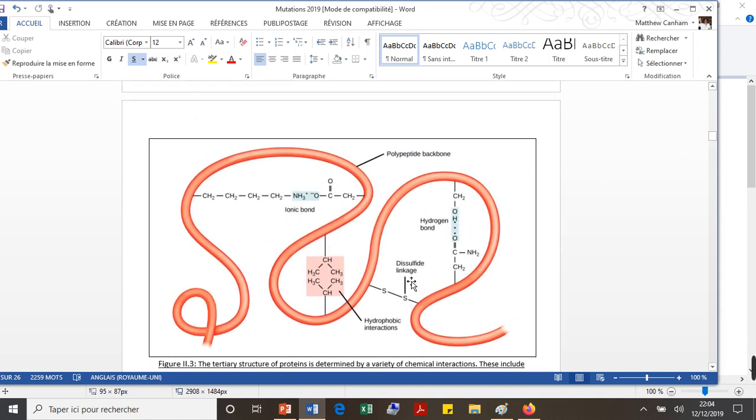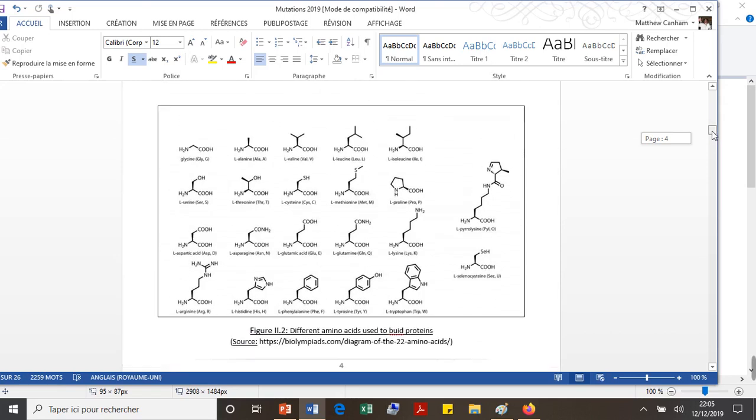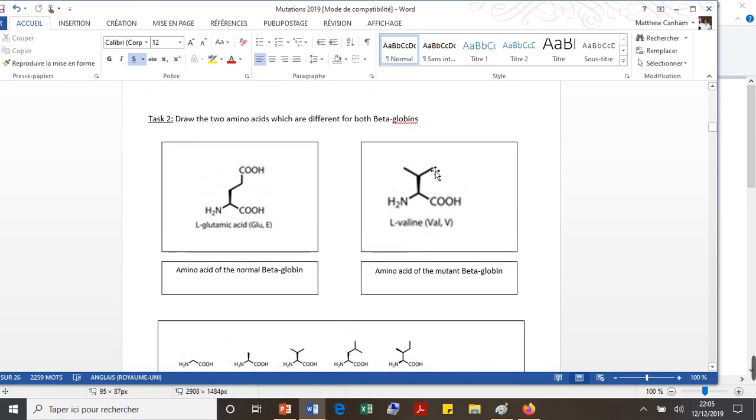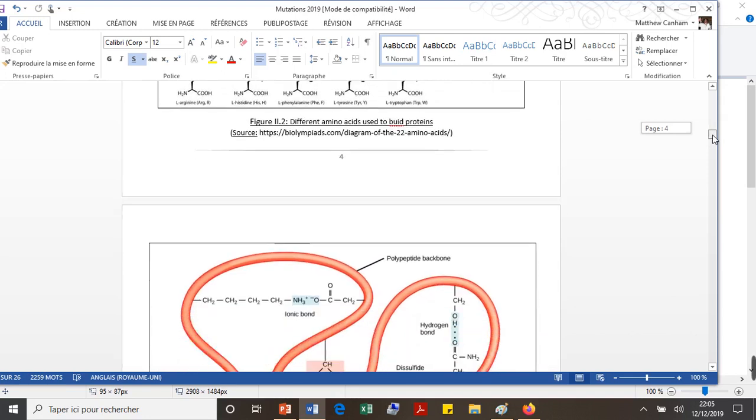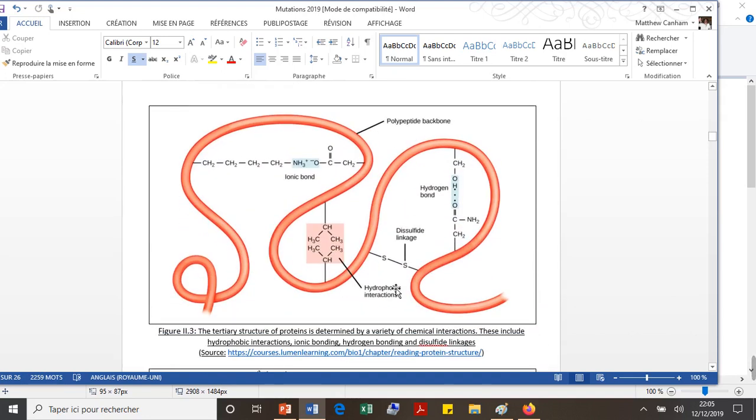When you have, for example, CH3 groups, this is going to create hydrophobic interactions, meaning that this part here is going to be closer to this part there because of these groups. If these groups weren't here, the three-dimensional shape of the polypeptide will be different. And we've just seen that here we've got CH3. So this mutation provokes a change in amino acid, which is valine, and valine has these CH3 groups, creating hydrophobic interactions.